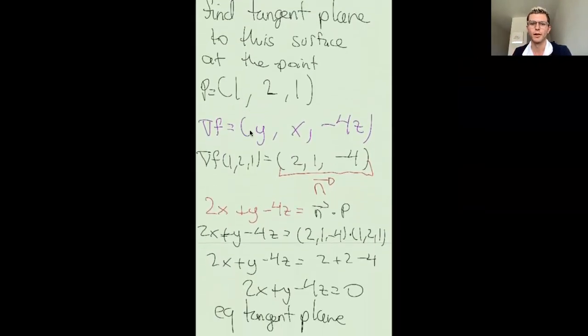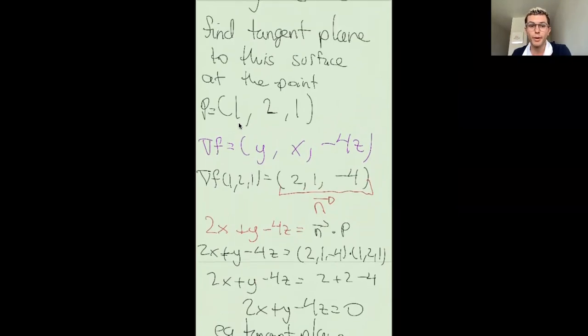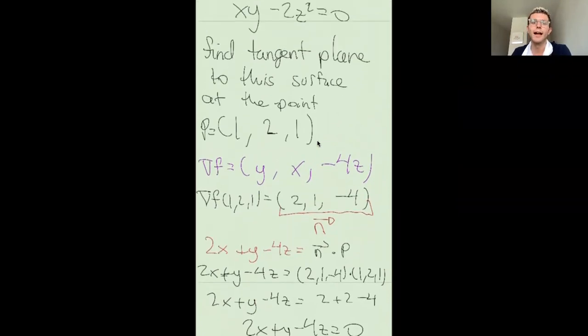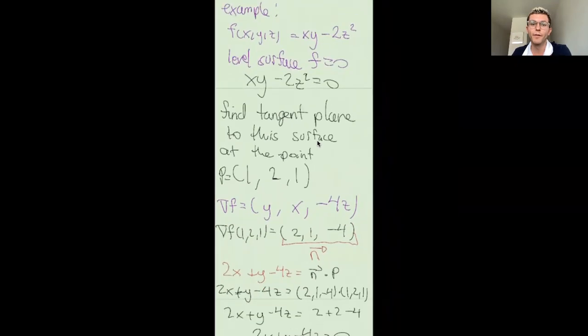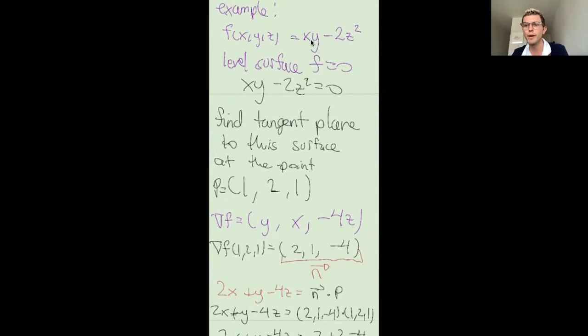But then the red that starts with 2x, where did the 2x come from? So I still have a question. Where did you get the purple one from? The thing is, the function was, let me go up, xy minus 2z squared, right? So the purple is just the gradient of this function.